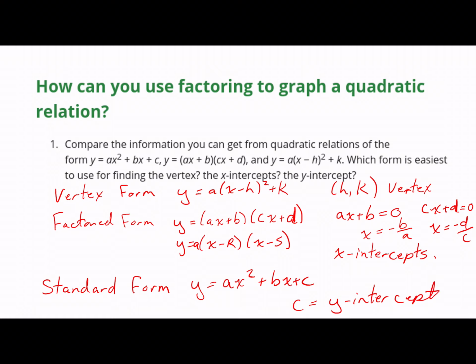So even though we can take the same equation and move it around into different forms, which is what we're learning now, each form, though the same equation, and the same graph, gives us different information. So our vertex form gives us our vertex, our factored form gives us our x-intercepts, and our standard form gives us our y-intercept.